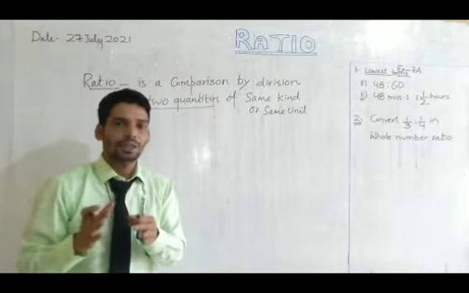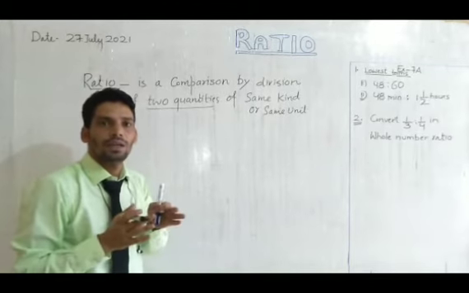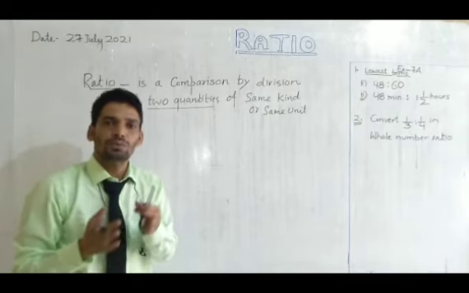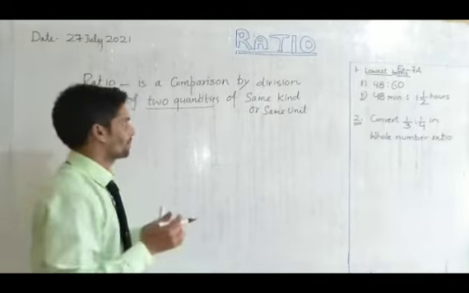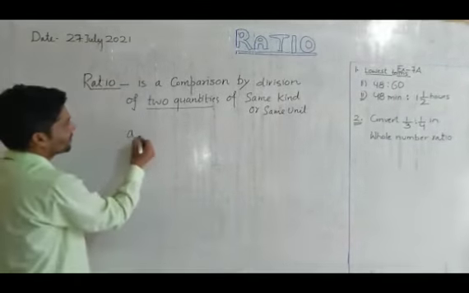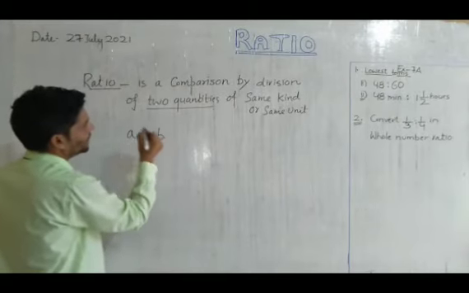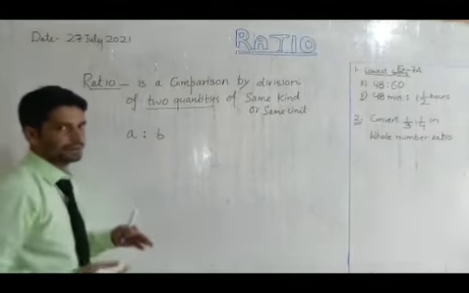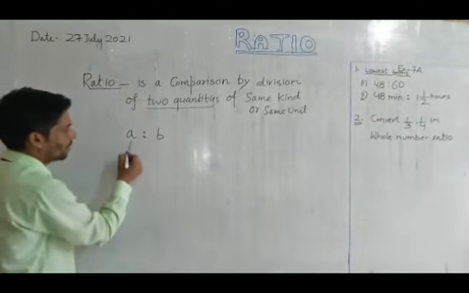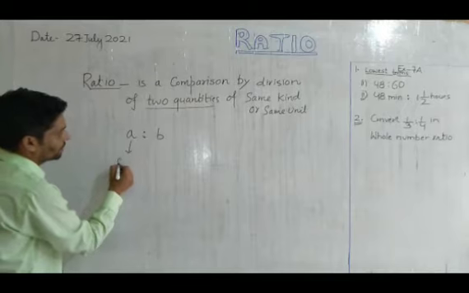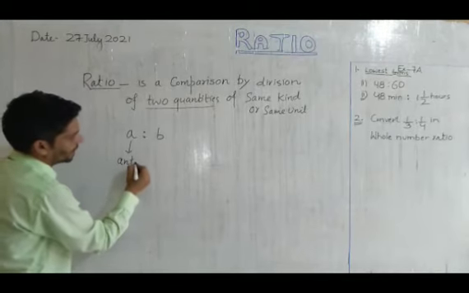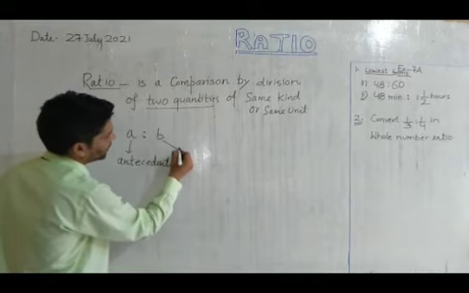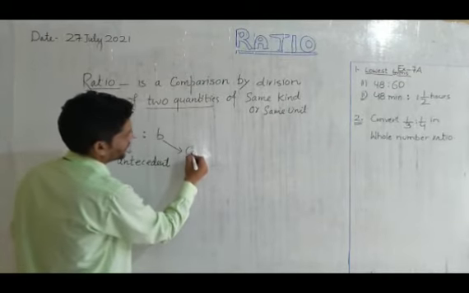We can calculate the ratio between two quantities if the units of both quantities are the same. Okay, let A and B be two quantities. A and B have the same units. So A is called the antecedent and B is called the consequent.